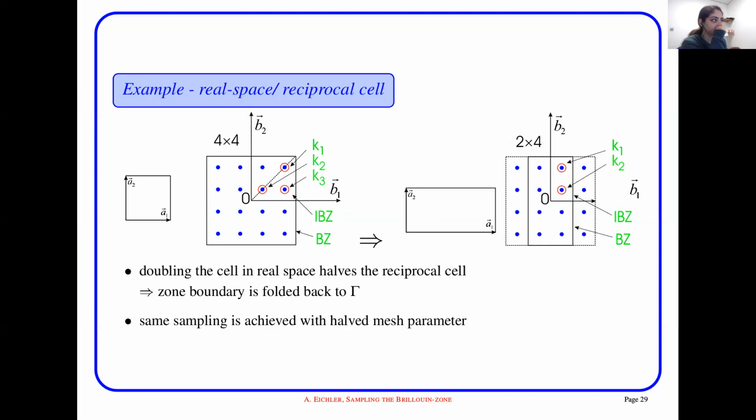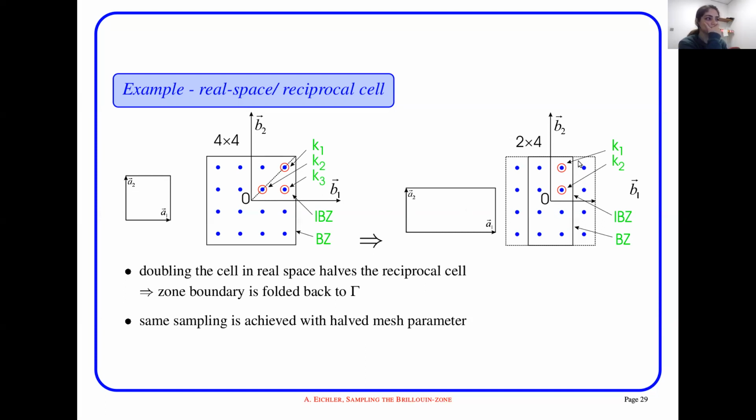I don't understand what this means. So here is the real space, okay? And what it's telling you is that when the real space gets doubled, then the reciprocal space gets halved.